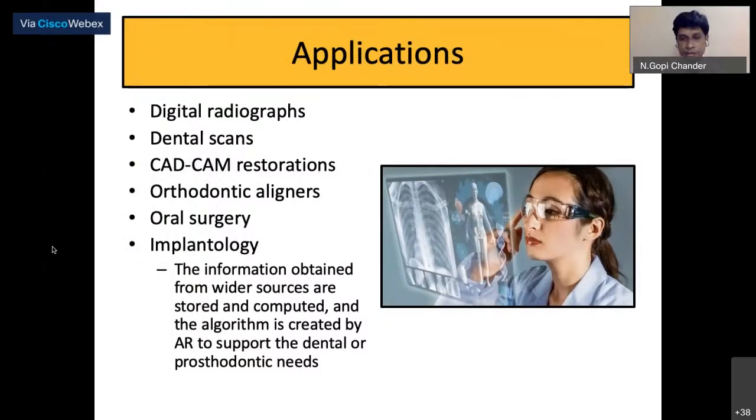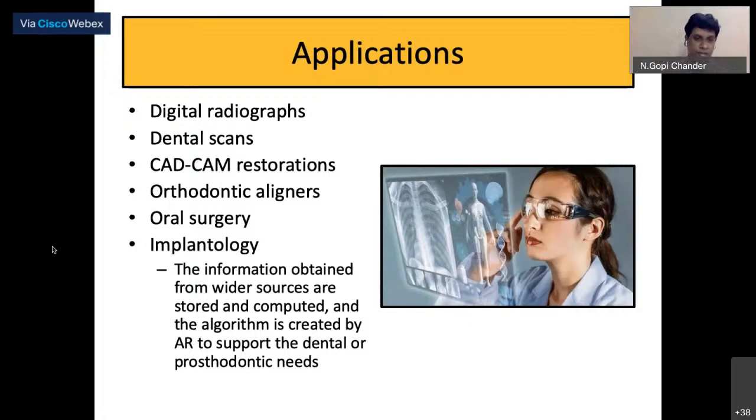It's widely used in your digital radiographs, dental scans, and more extensively, practically in CAD CAM restorations, orthodontic aligners, oral surgery, a lot of maxillofacial surgery, surgical treatment planning, and again, widely used in your implantology.